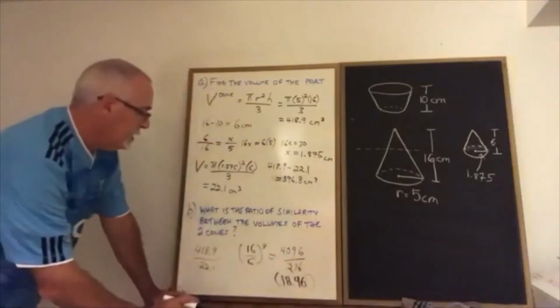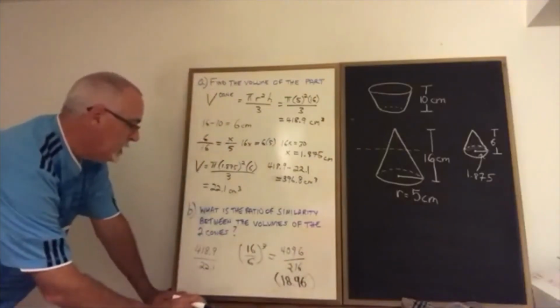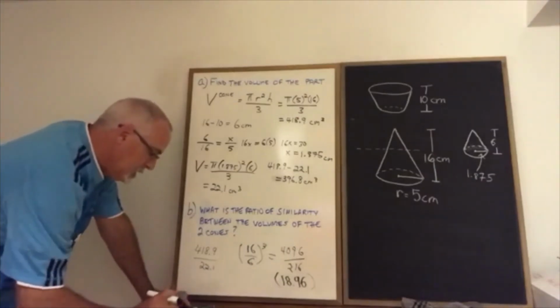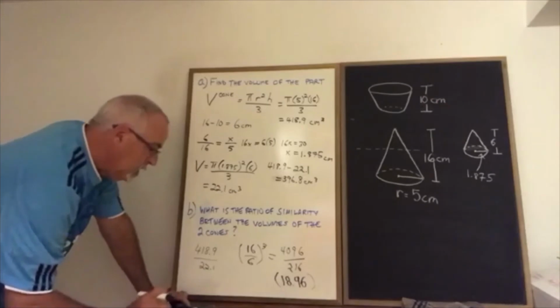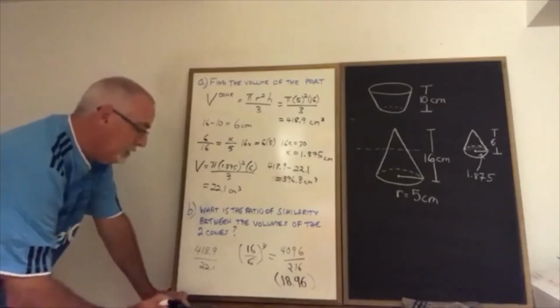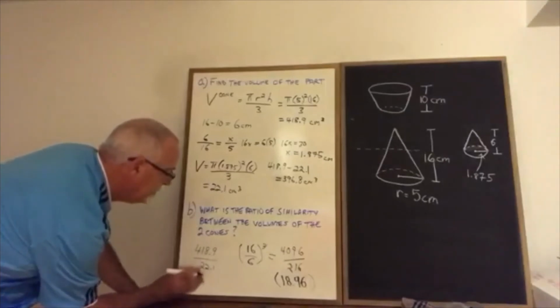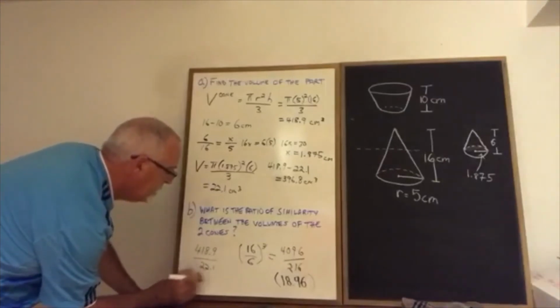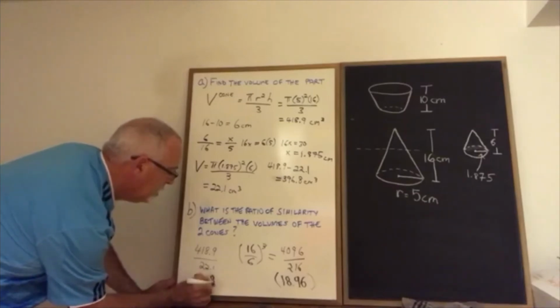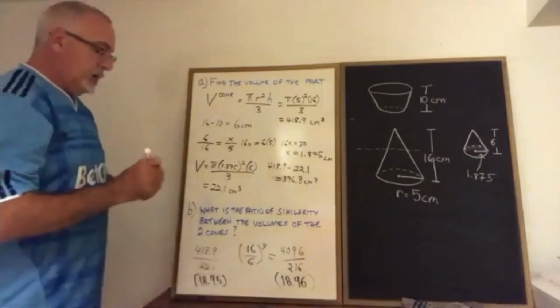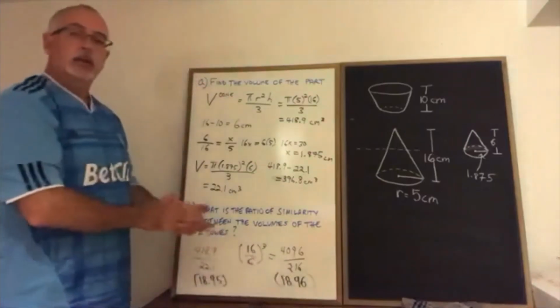How about 418.9 divided by 22.1? 18.95. Very close. So I'm starting to feel a lot of confidence in my answer.